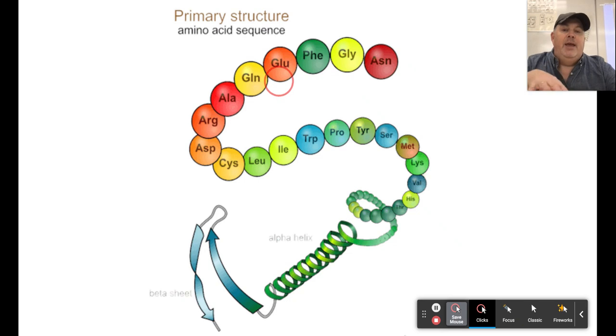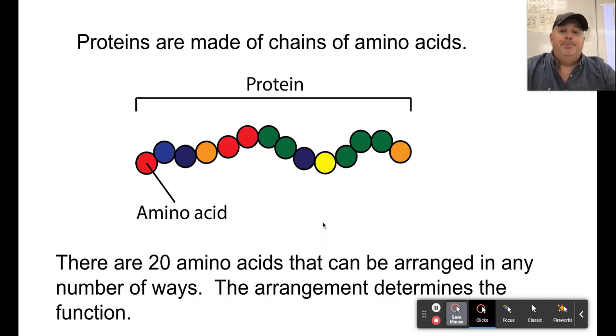So all these have names. I've just chosen to use an abbreviation of those. But the key element here is that they're linked together in a particular order and sequence. And eventually they'll form some more complex structures that we would later down the road call a protein. But this is the beginnings of that.